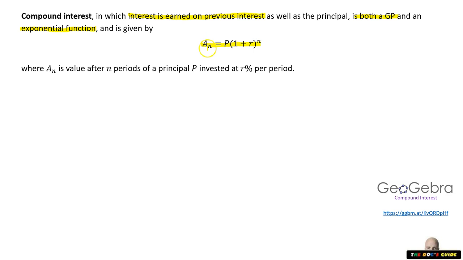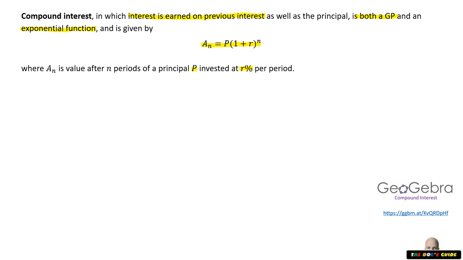But notice in this one that the A is the account balance. So the account balance equals the principal multiplied by 1 plus R to the N. And again, P is the principal, R is the interest rate, which we write as a decimal.